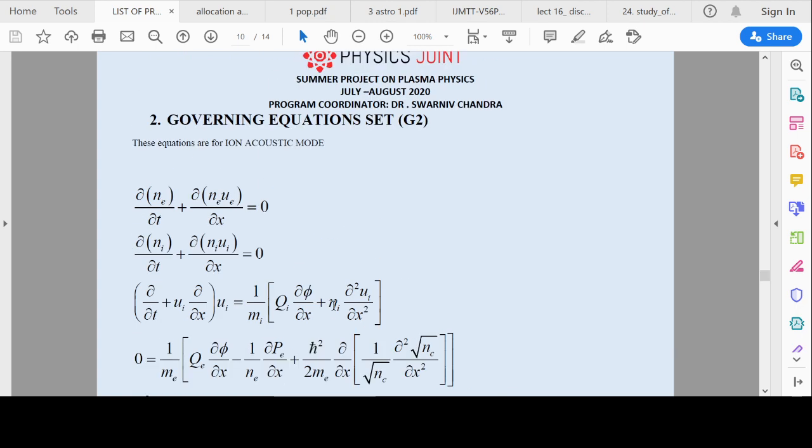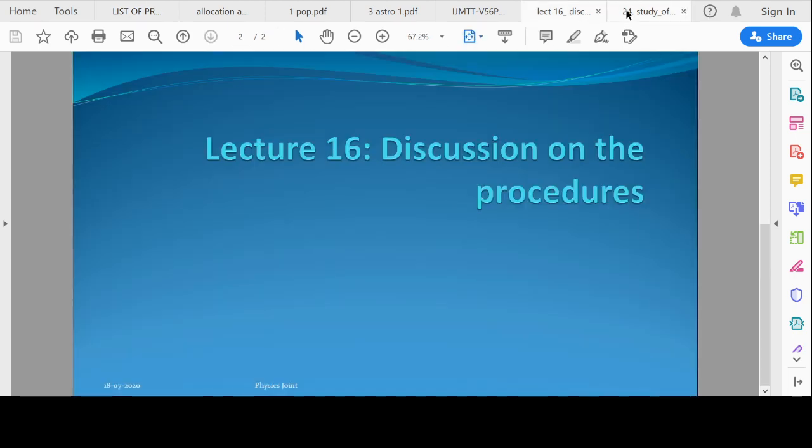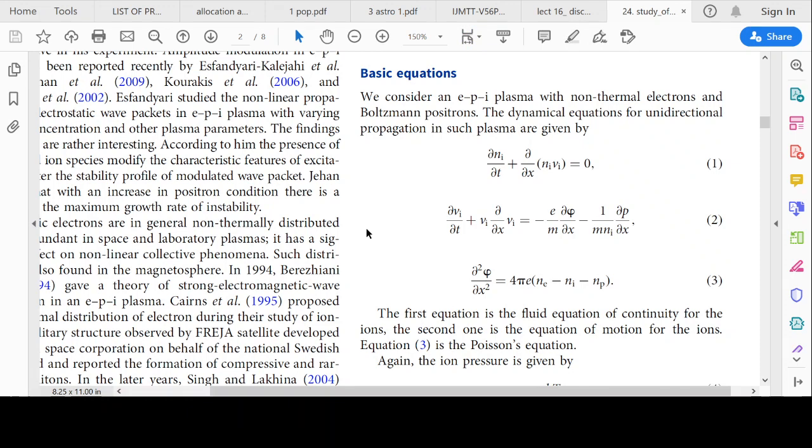Those who have started doing G2, that is governing equation set 2. Now, these are the basic set of equations. You will find the paper that I have studied, or I'll just send it.